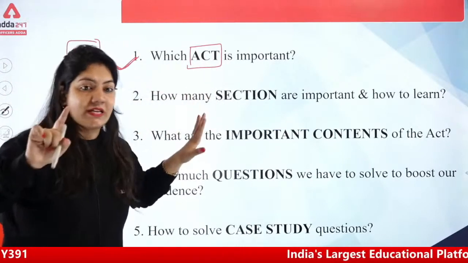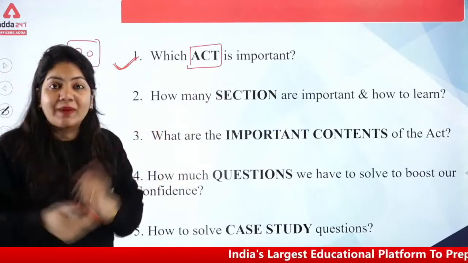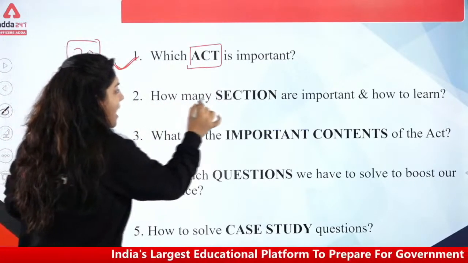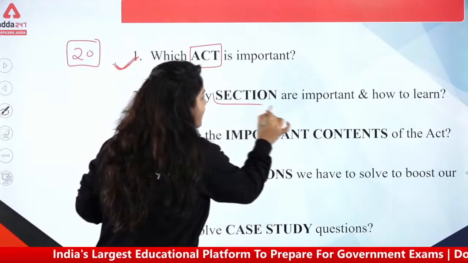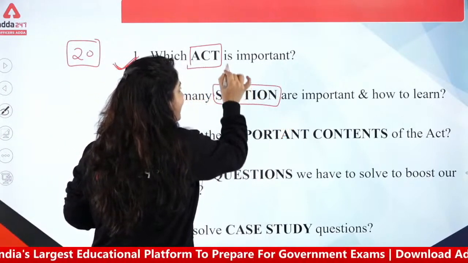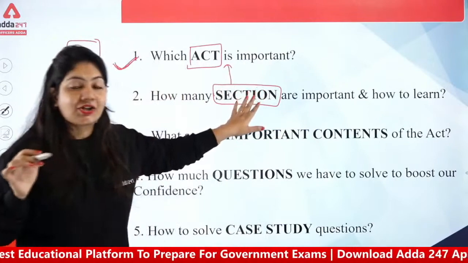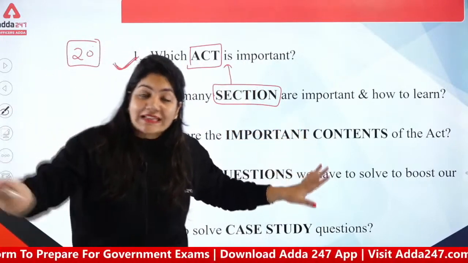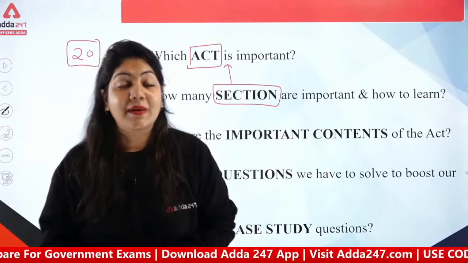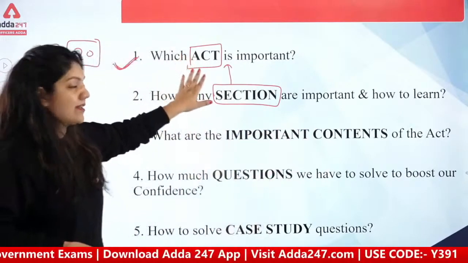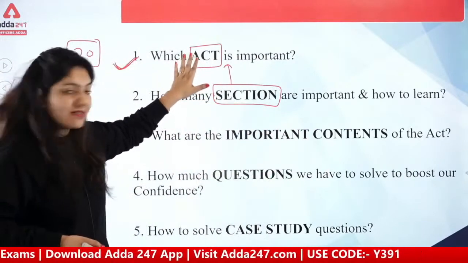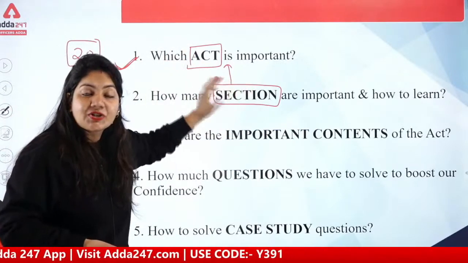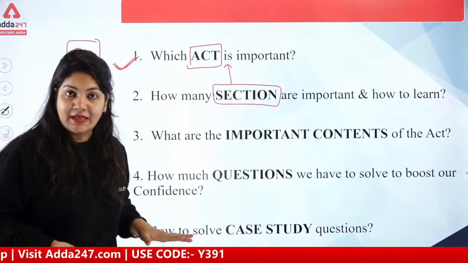So only 20 acts you have to mug up. And please focus: if I say how many sections are important for each act, for this you have to see my LRAB classes, because in each act, while teaching, I always highlight the important sections of that particular act.